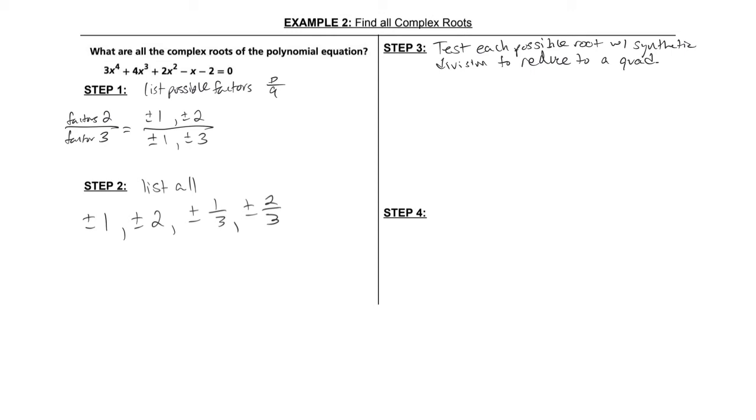We always want to get to a quadratic, because once we get to a quadratic, we can always use the quadratic formula. Okay. Now, what you're going to do is test these. So we can test -1 to see if it is a root. So -1, and then we get 3, 4, 2, -1, and -2.